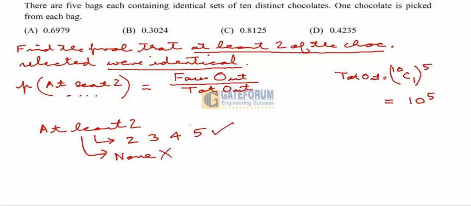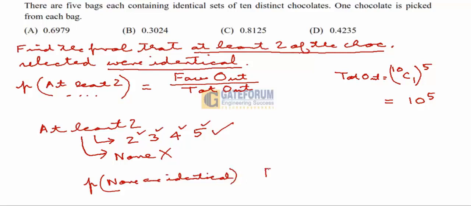So we think that here we have to find 4 different cases, pretty lengthy. So rather than that, let us find the probability that none are identical. How do we do that? Very simple.